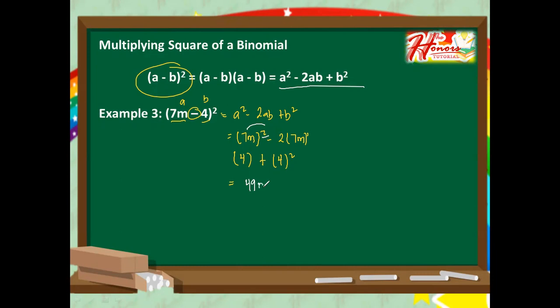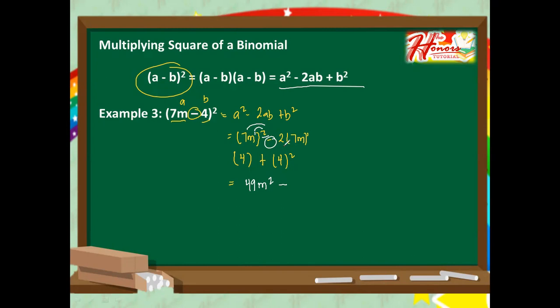And then for m, just multiply the exponents that we have here. Though for m, 1 is invisible because 1 is used as an exponent of the variable. So 1 times 2, that's 2. And then copy the operation, subtraction. Please don't change this operation because it is constant. No matter what happened, it will not change.